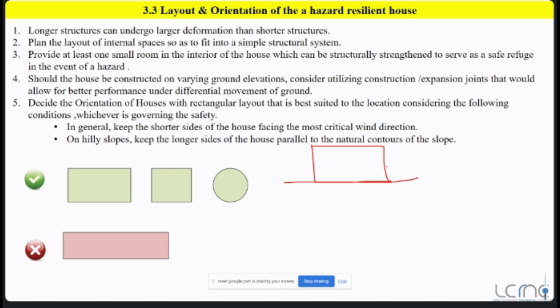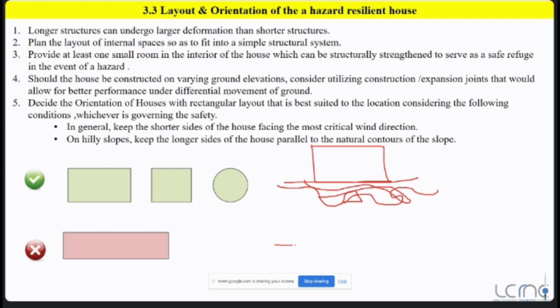Let's say your house is very lengthy. If there is a ground settlement, meaning an expansive soil or any water bodies inside, what will happen? Your entire structure will be subjected to this failure.